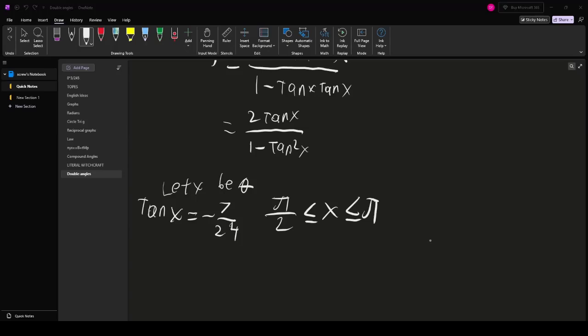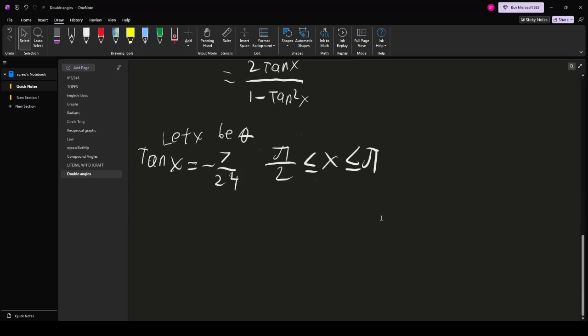To determine the exact value, it's easy to just take tan inverse of this fraction and get an estimated answer, but the question asks for an exact answer.